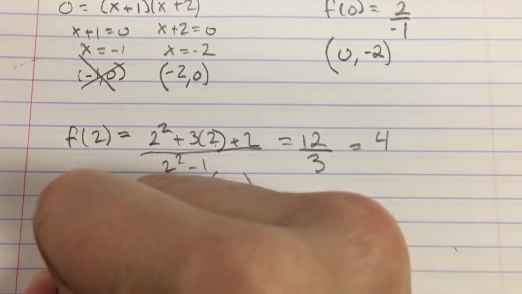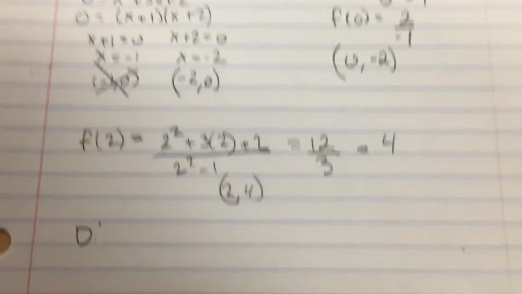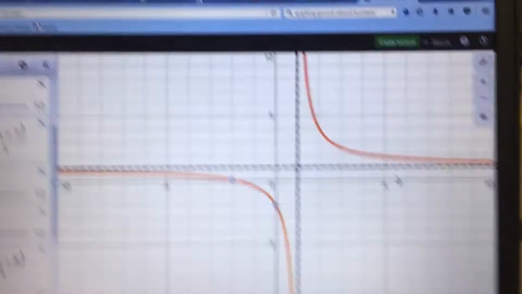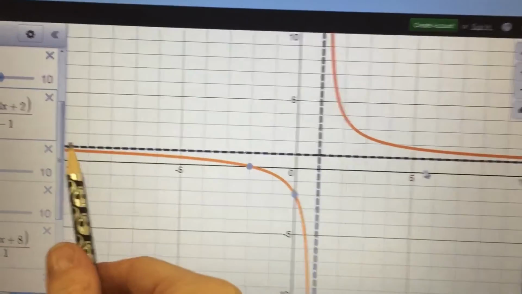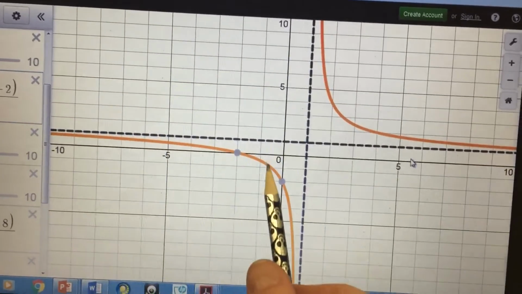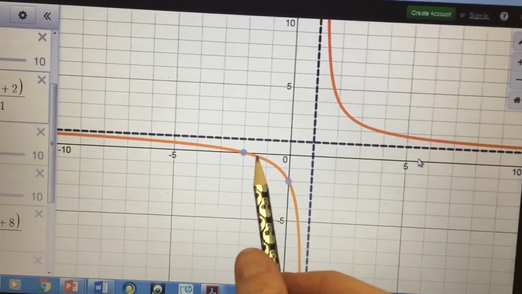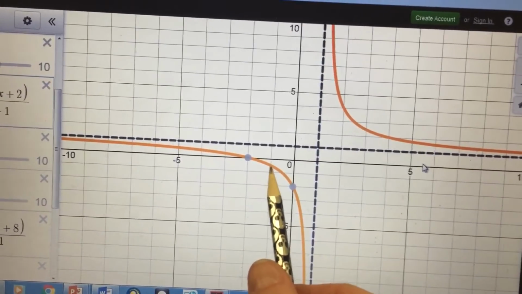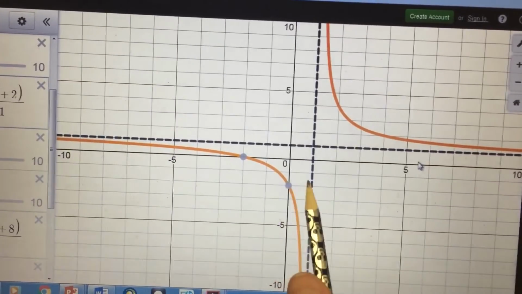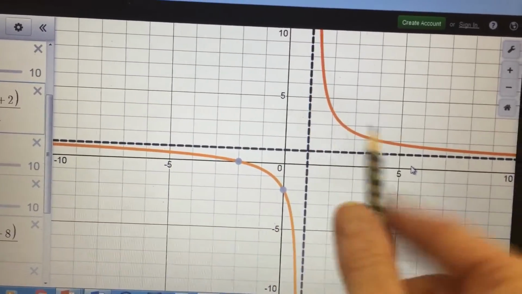So how do I state my domain? My domain always starts at negative infinity. So my graph is going. Stop. There's a hole. I have to jump. So that's my first point of discontinuity right there, at negative 1. And it keeps going until I get to my vertical asymptote. So how do I write that?